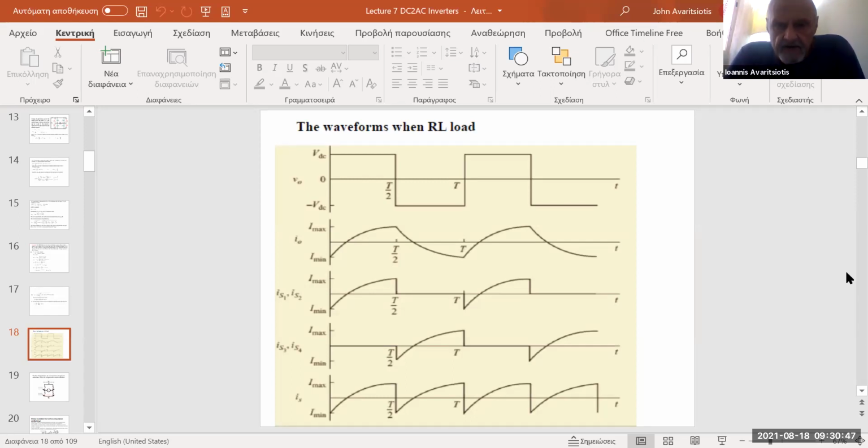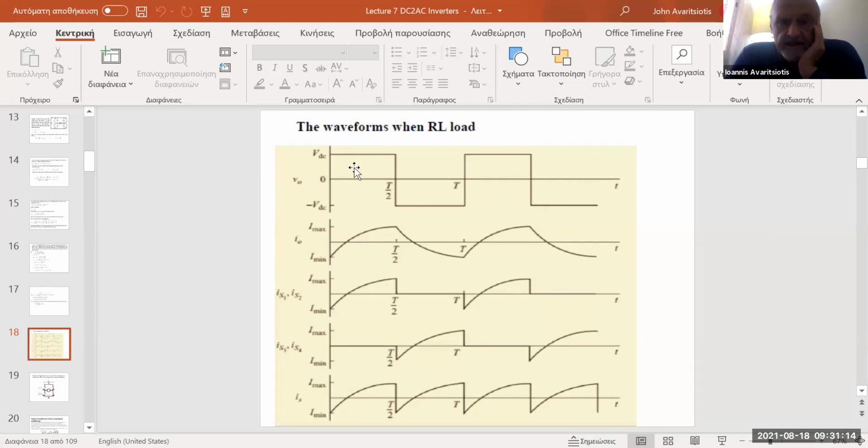Now, I would like to discuss with you the waveforms across an RL load, or the waveforms generally in a full bridge inverter when the load is RL. It consists of an ideal inductor and a resistive part.